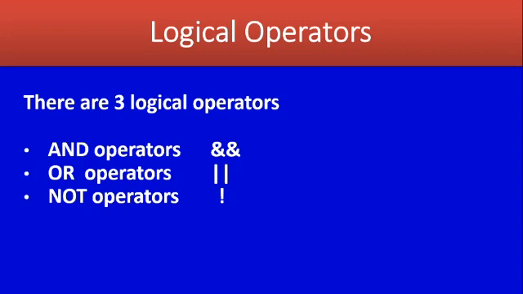In physics, in an electronic circuit, if the signal, meaning the current, passes, it represents true, that is 1. Otherwise, it represents 0. High voltage represents 1 and low voltage represents 0.